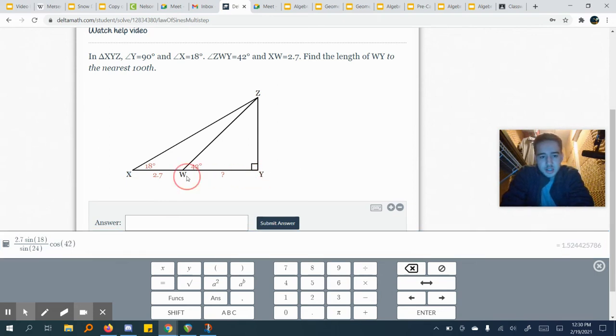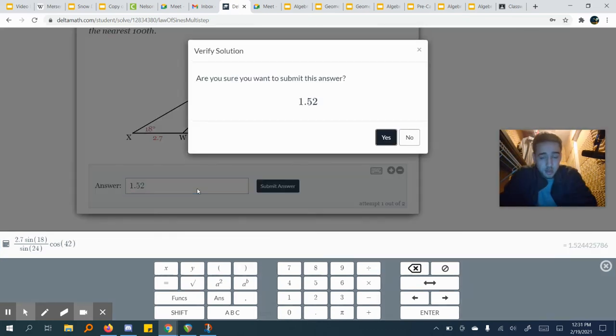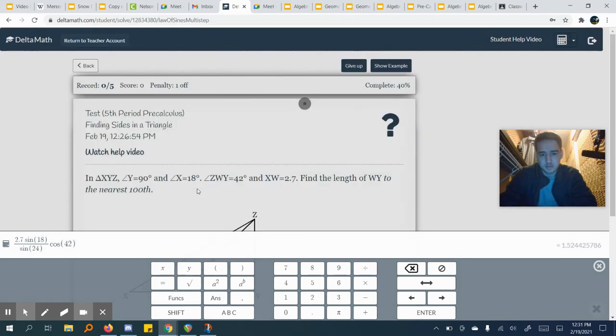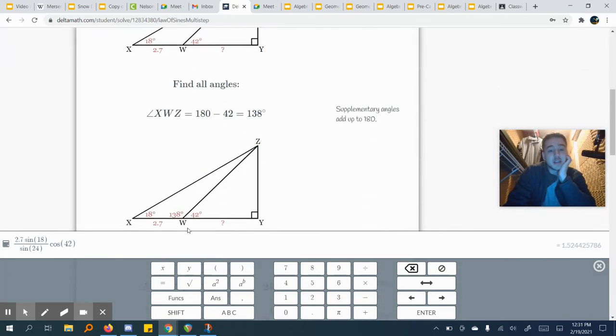So that should give us the side WY. And we want it to the nearest hundredth, so let's round 1.5244. That'll be 1.52. That should give us our answer. Sweet, and it does. It's tricky, but it works.